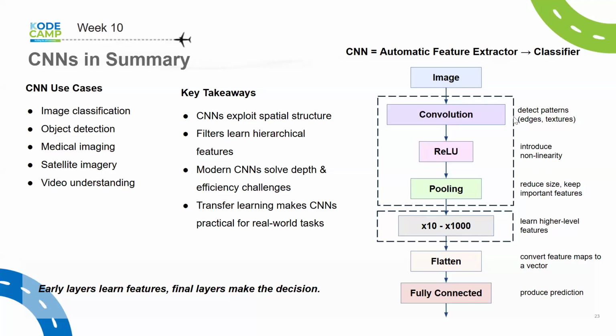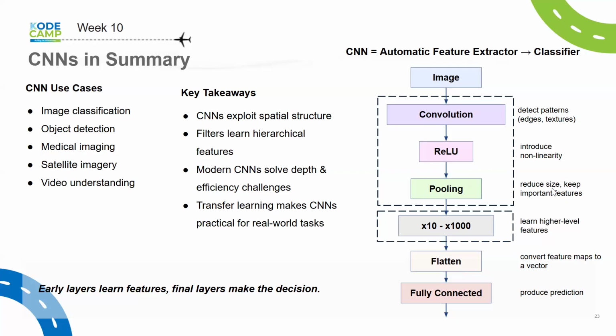So the key thing is each of these things has its own role. The convolution has a filter and learns to detect patterns: edges, textures, and so on. The ReLU introduces nonlinearity, which we've talked about before.